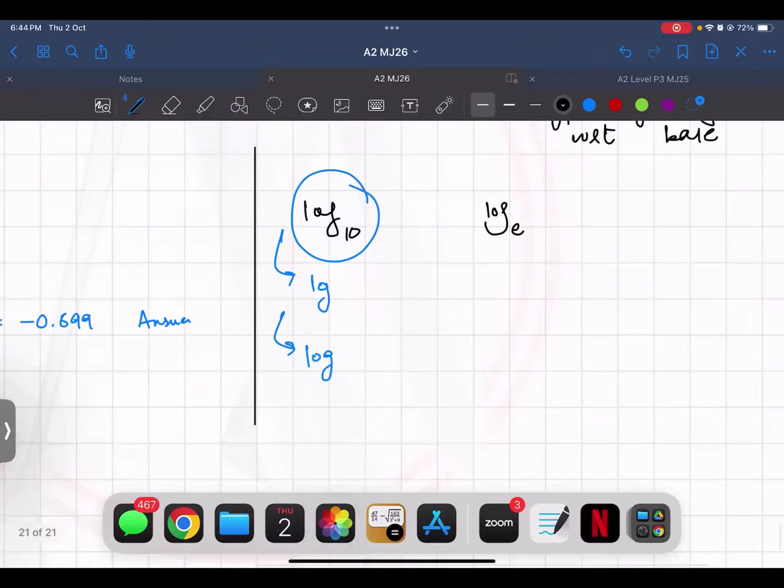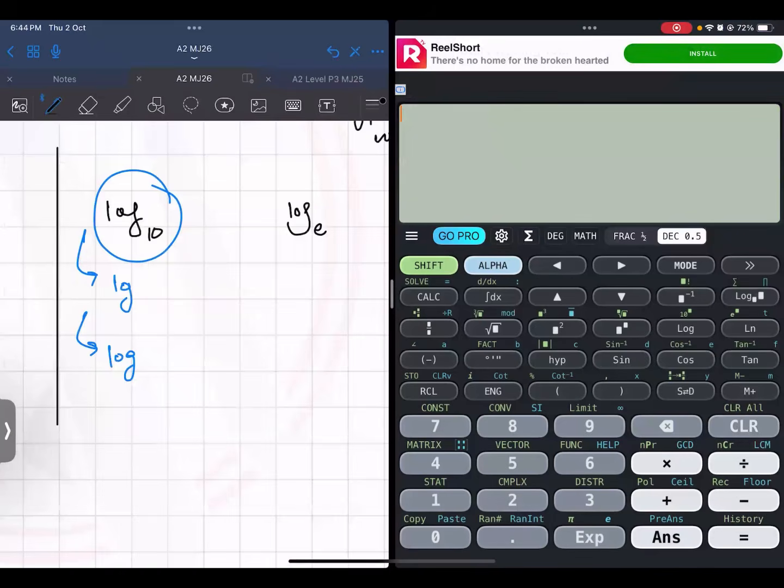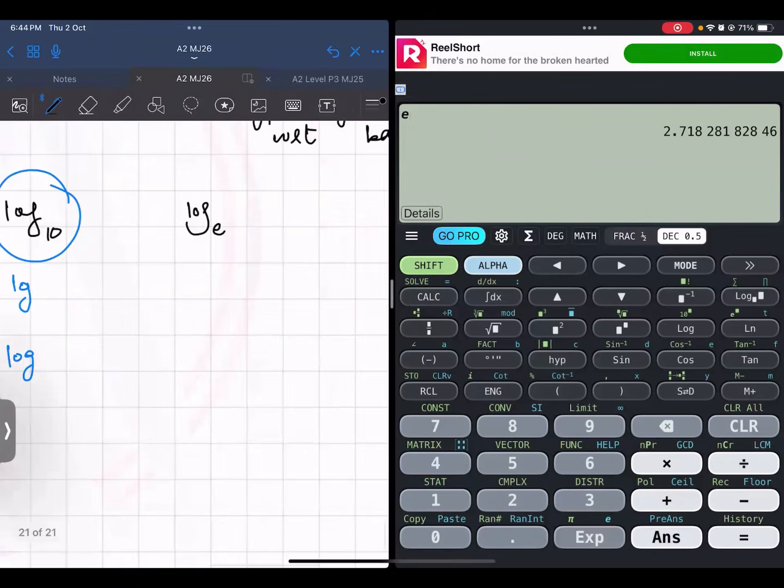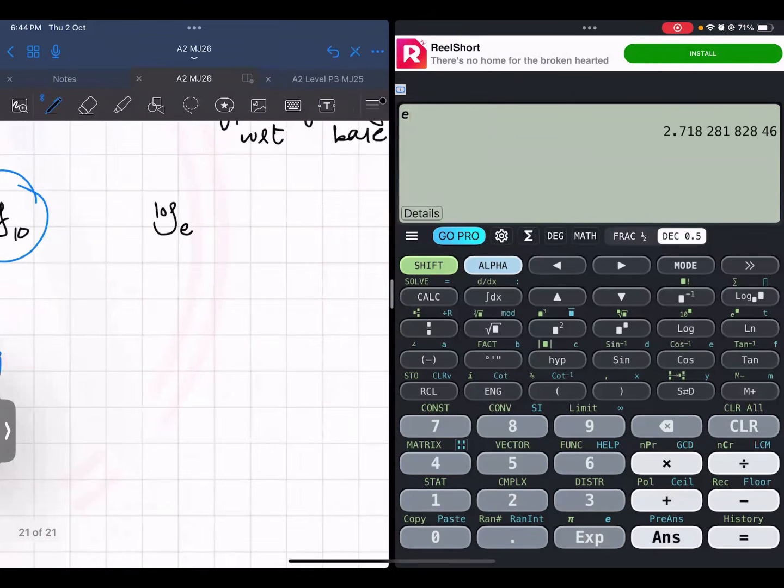E is a special constant, an irrational constant, just like pi. The value of E is an irrational number, 2.718281. You don't need to memorize this.